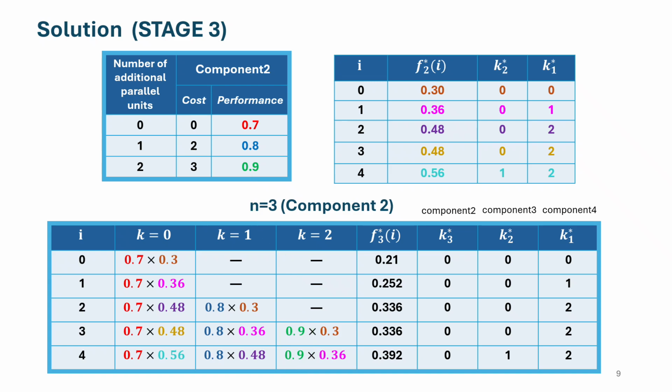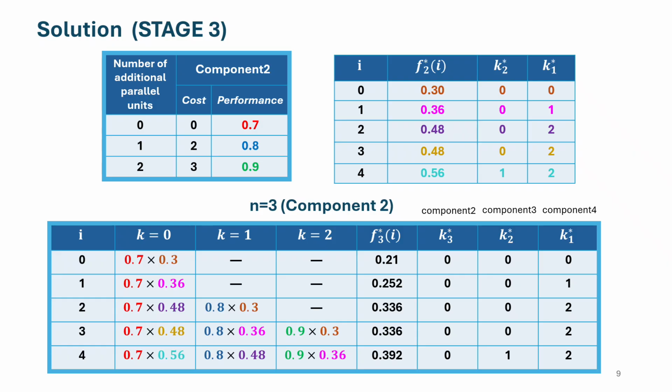Next, we integrate the optimal performance probability from the previous table, based on the remaining budget. The optimal values obtained from these calculations are as follows. For a budget of $0, the only possible choice is 0 units, which leads to a final performance of 0.21. The optimal decisions for this budget are 0 units for component 2, 0 units for component 3, and 0 units for component 4.